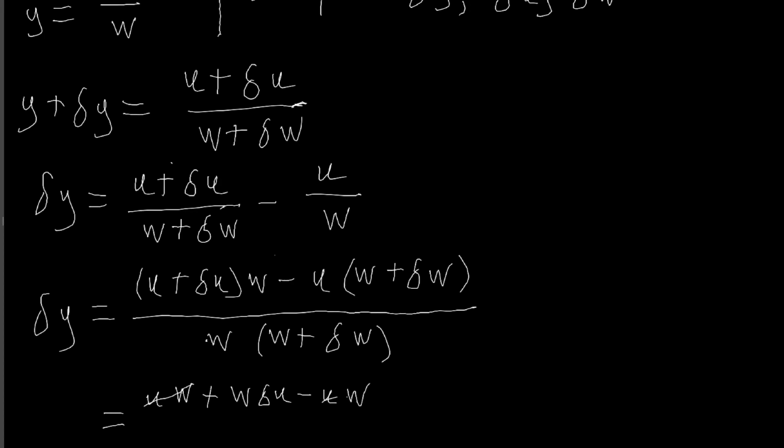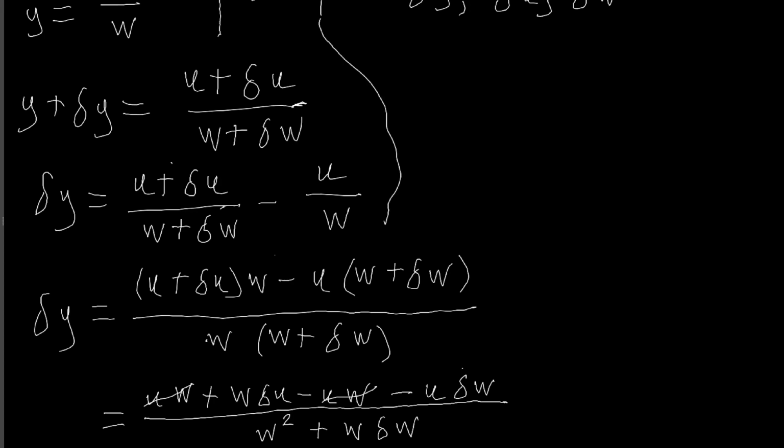U times w cancels out of the equation, and then subtracted by u times delta w, and then all of this is going to be divided by w squared plus w times delta w. Now, from this point, I'm going to take this result and put it up here.